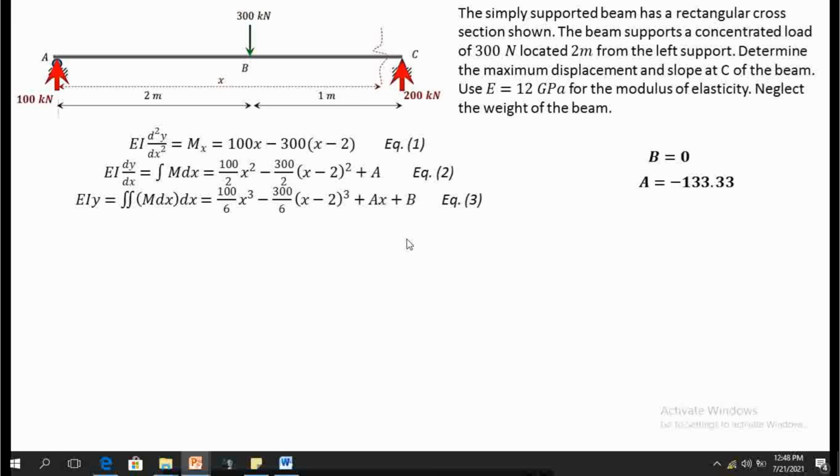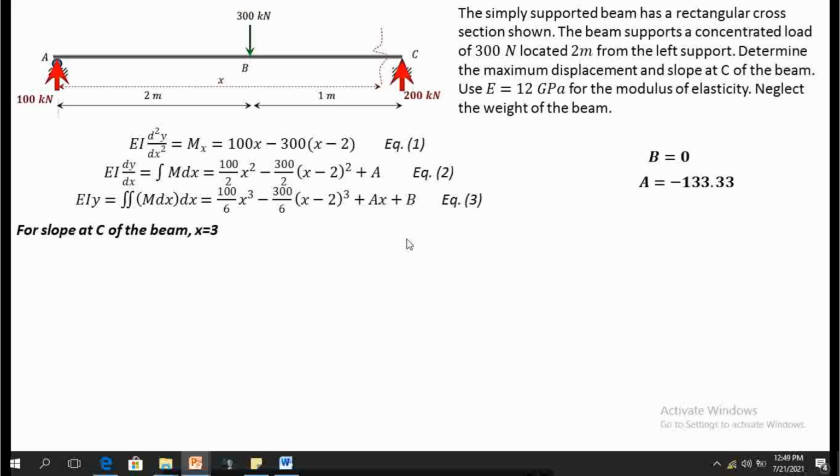The same. Dito sa may beam na yon, nakuha na natin si maximum displacement. This time na ngayon, yung slope at point C. Since nakuha na natin si equation 1, 2, and 3, at saka alam na natin yung value ni B at saka ni A, madali na lang na isolve yung deflection, yung slope at point C. I'm going to use equation 2.